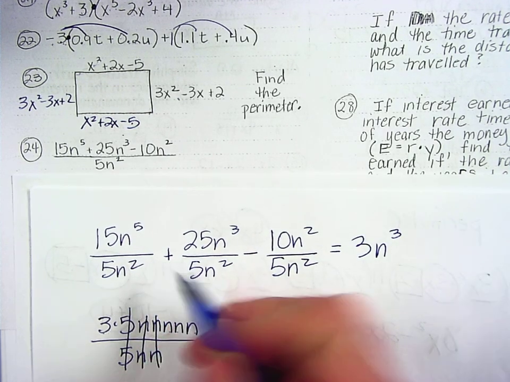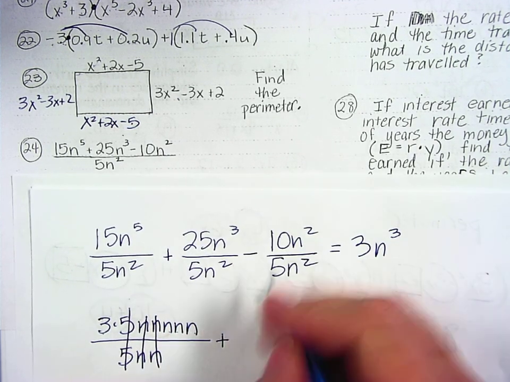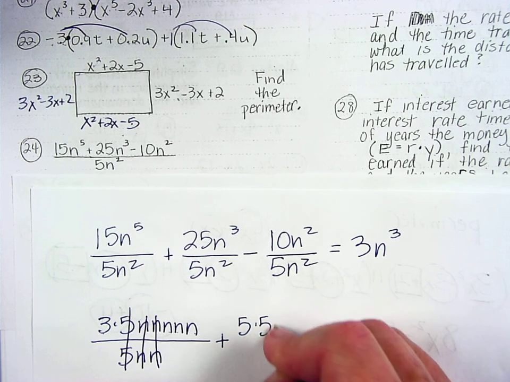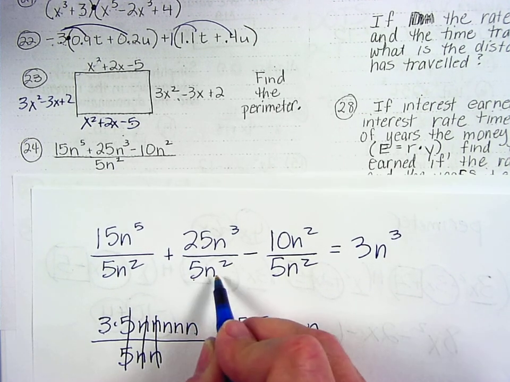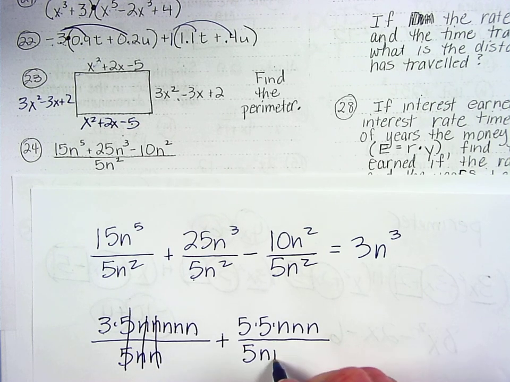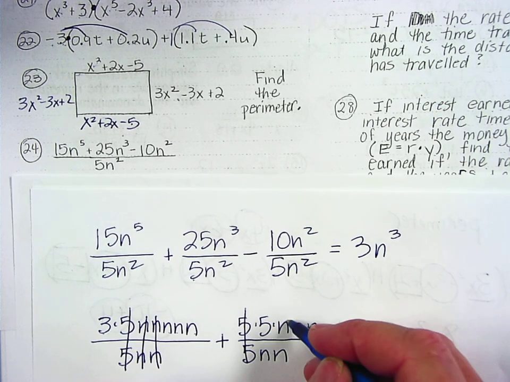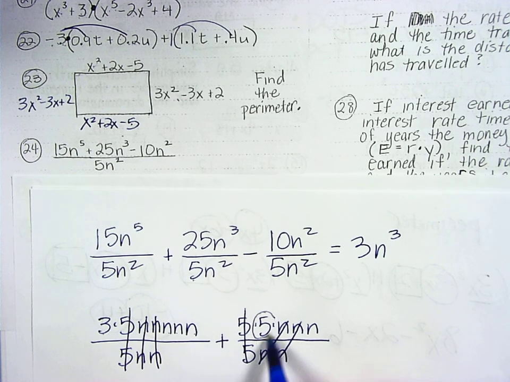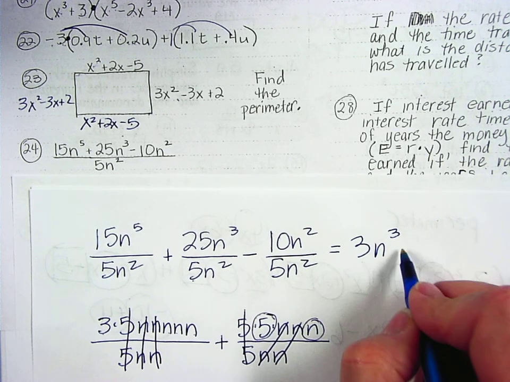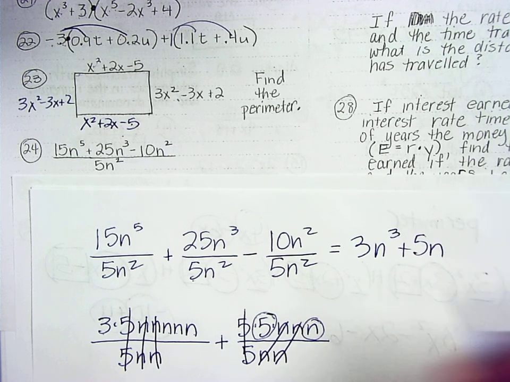And I'm going to add 25 is 5 times 5. And then I got 3 n's over 5 n squared is n times n. Cancel, cancel, cancel. And I'm left with 5n. Be careful.